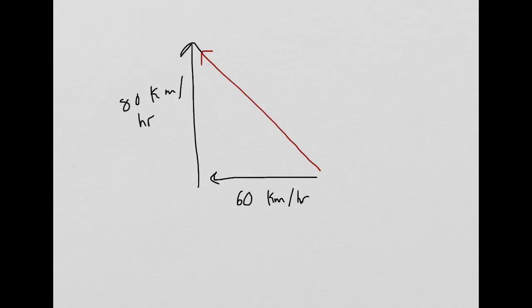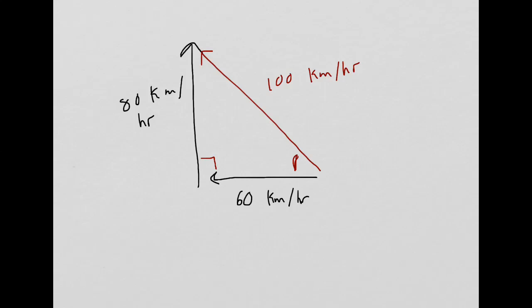And to find the length of that, notice that this is a right triangle. So I can use Pythagorean theorem, and I get that the plane is traveling at 100 kilometers per hour in the northwesterly direction. And if I wanted to find this angle, I could just use a bit of trig, but we won't do that right now.